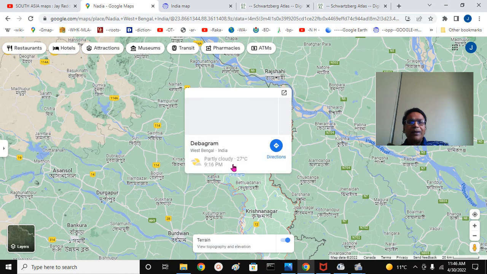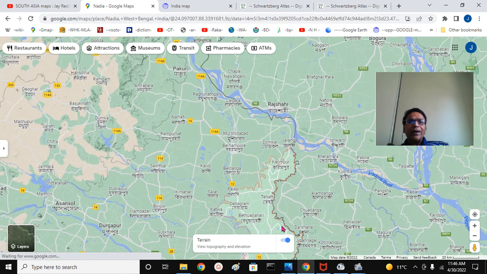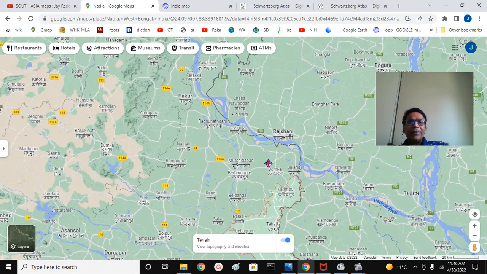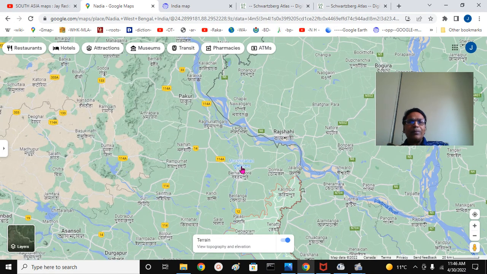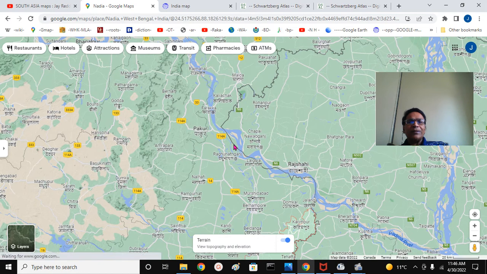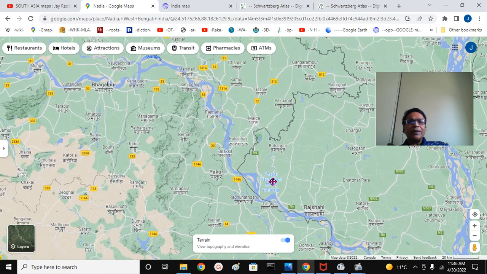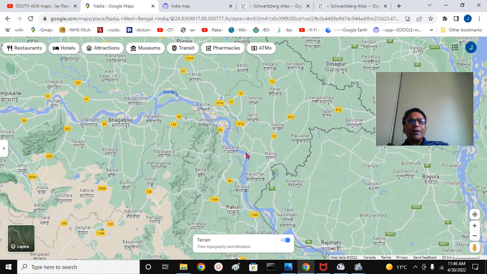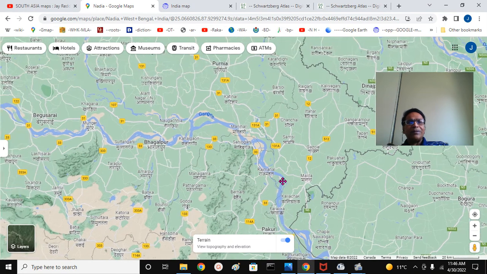Here again I am showing just the Nadia district as a landmark, Krishnanagar, and Plassey, the Battle of Plassey was here, and this is the distributary, Bhagirathi and Hooghly, and Murshidabad, Berhampore, and all those things here. The Farakka barrage will be somewhere here, Pakur on the other side, and Sahibganj. And Mir Qassim fled after he picked a quarrel and was defeated in a series of places.